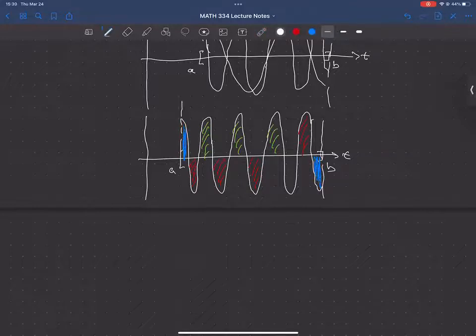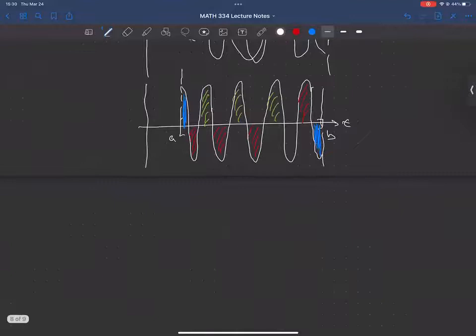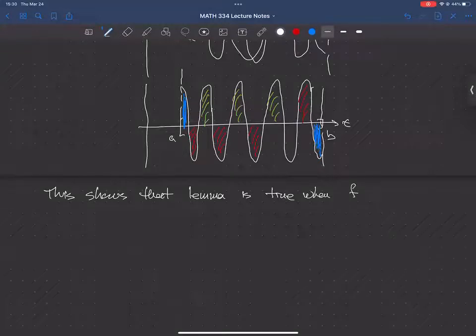And so I claim, therefore, this argument shows that the lemma is true when f is constant. And by my chain of reductions, also true then for f in L1.